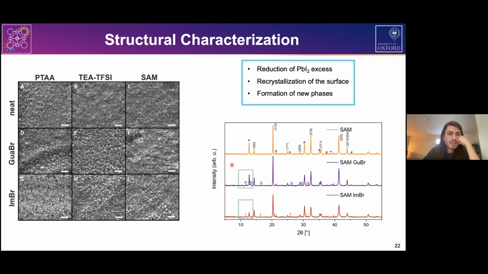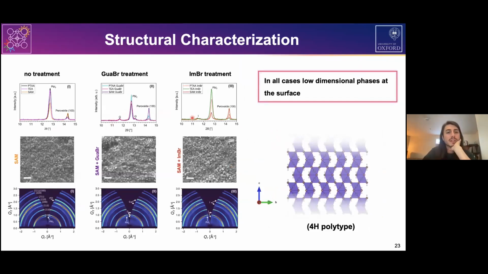And if we go a little bit deeper with the XRD analysis, we observe that in all cases, whether we have PTAA, TA, or SAM, when we use guanidinium bromide or imidazolium bromide, we see low dimensional phases on top of the perovskite, which is also confirmed by GIWAXS measurements, which show no real preferential orientation of these new phases, but we confirm having low dimensional phases on top of the perovskite in all conditions.